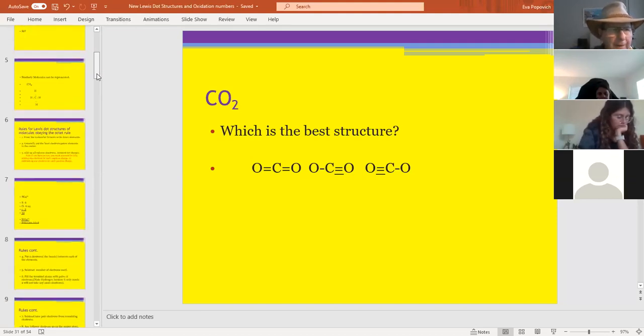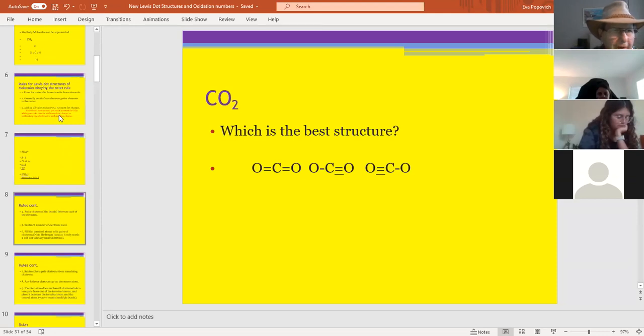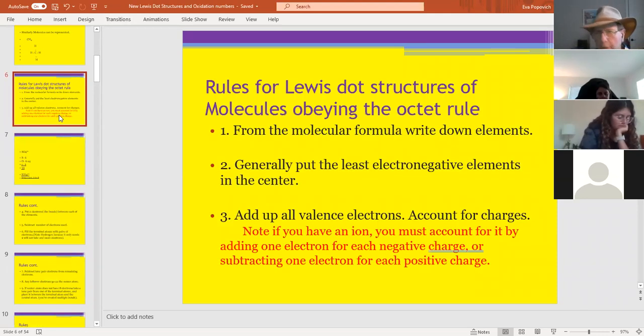There are some rules we have to deal with when we're dealing with Lewis dot structures. From the molecular formula, write down the elements. Generally speaking, you put the least electronegative in the center.